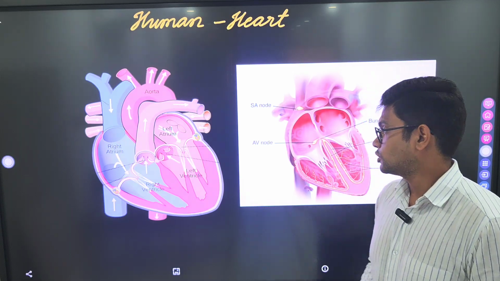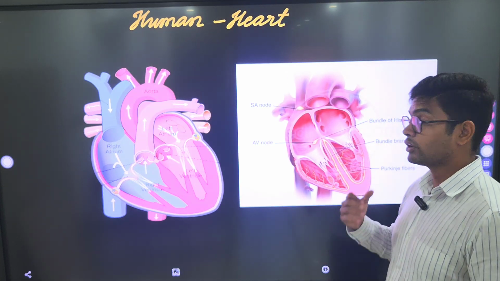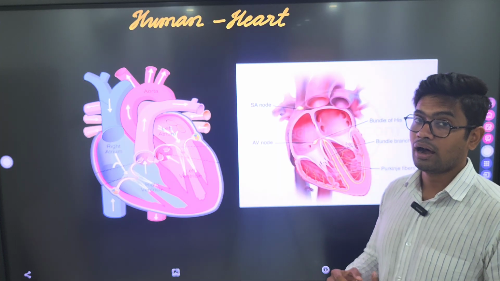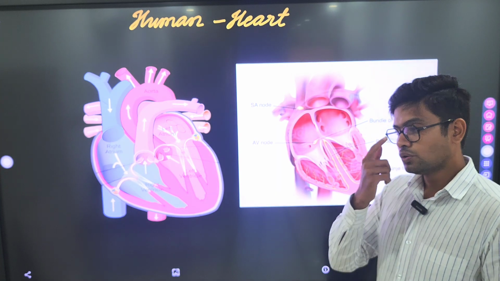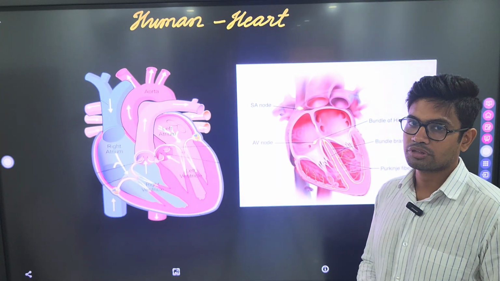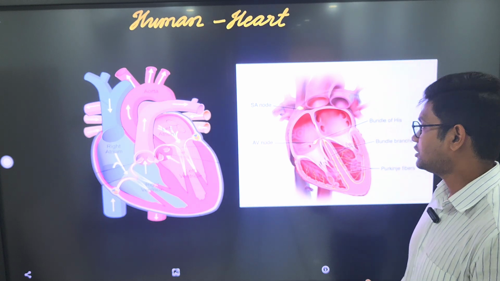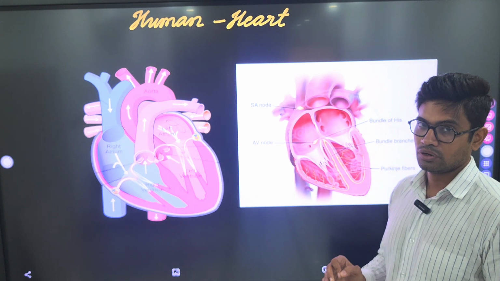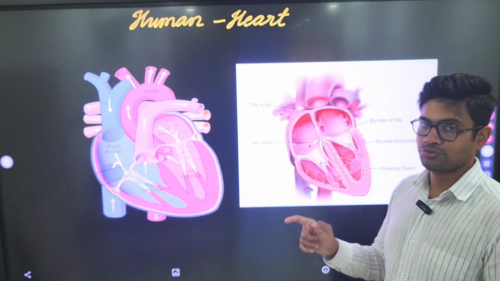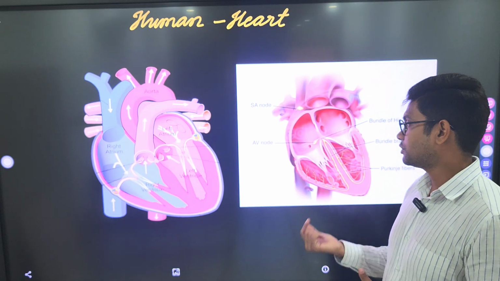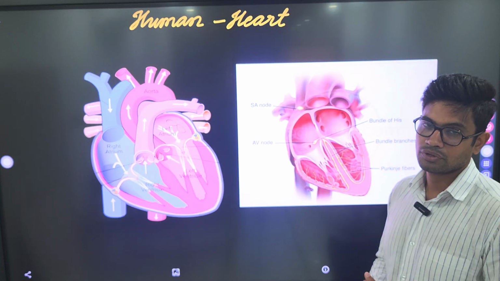Now let's talk about how the heart functions. The heart functions continuously from the birth of a child till its death. So we are taking a still frame, or a minute part of it, and we will try to deal with it in sequence.